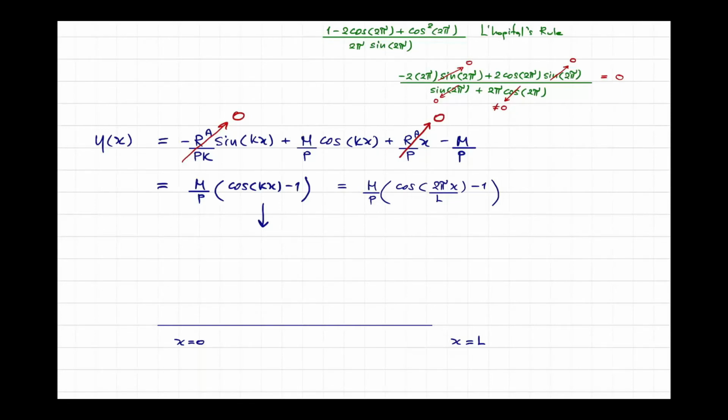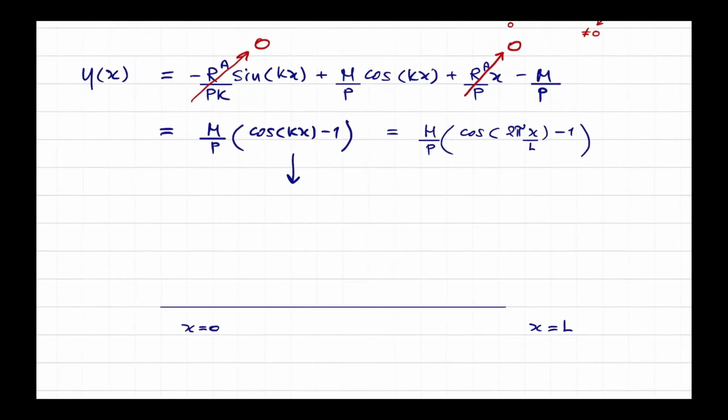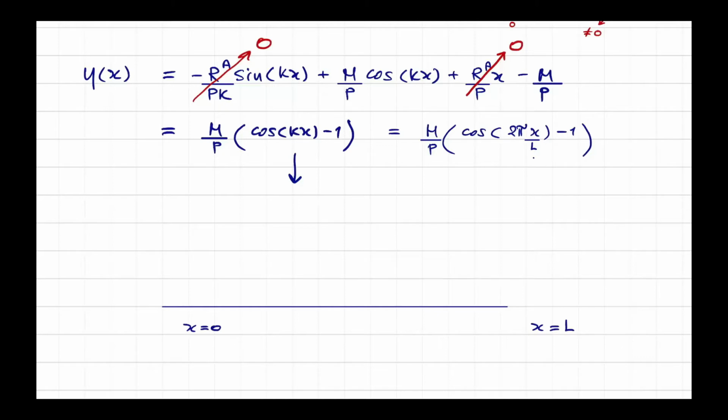So basically it is 2 pi x over L. And x over L ranges from 0 to 1.